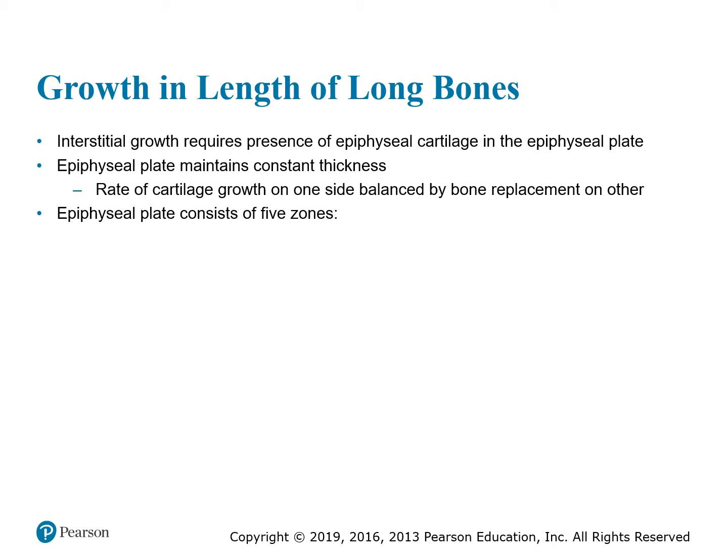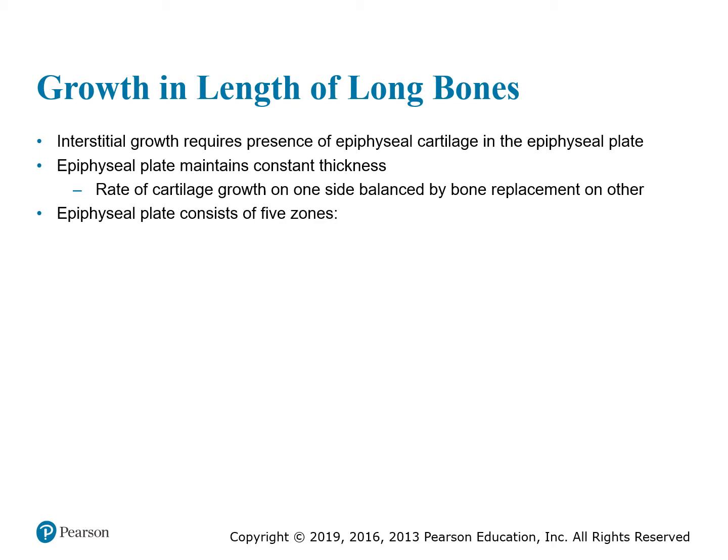And as this cartilage grows, it'll actually push the tissue on the leading edge outwards. And on the lagging edge, which would be the edge that is following the epiphyseal plate, you're going to see bone replacement on this edge.